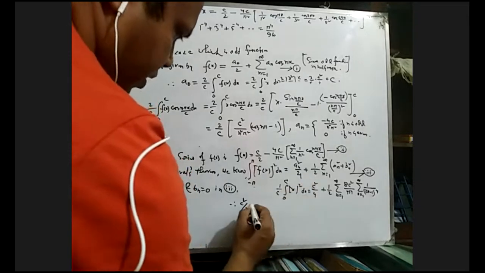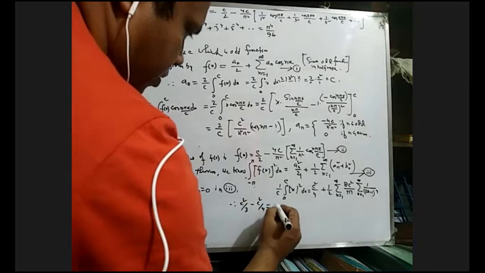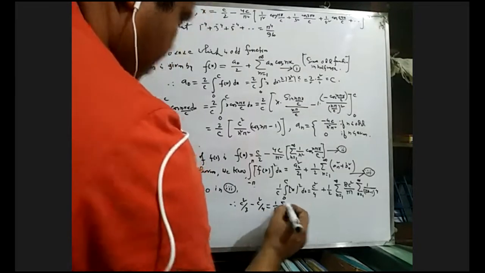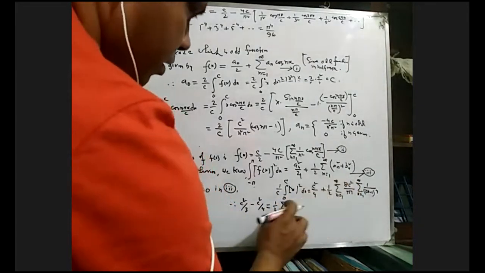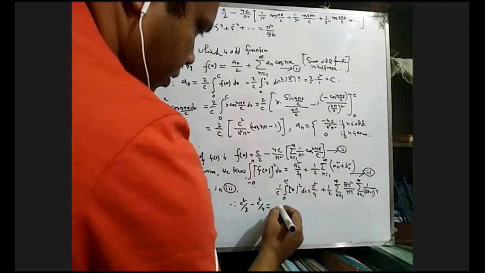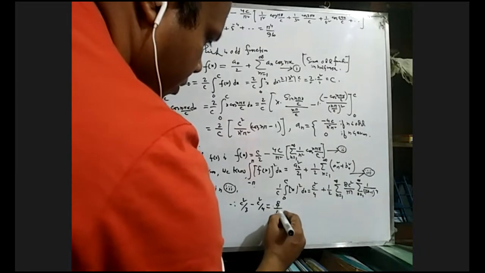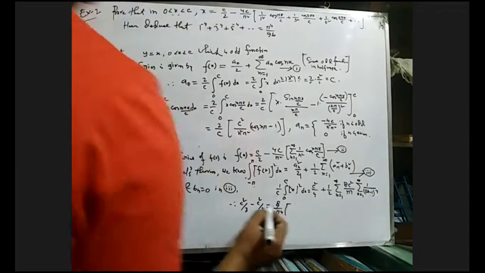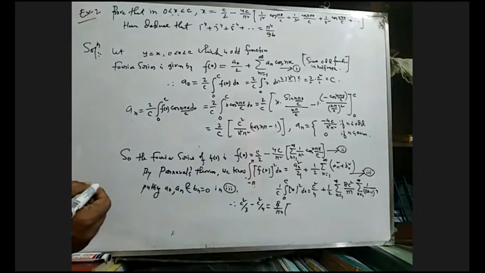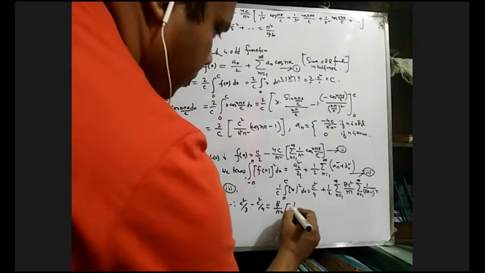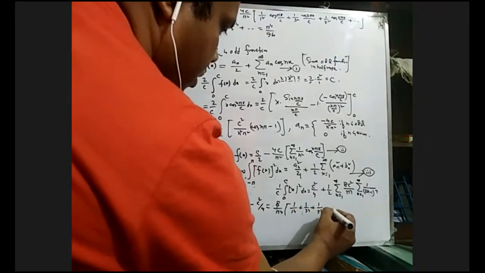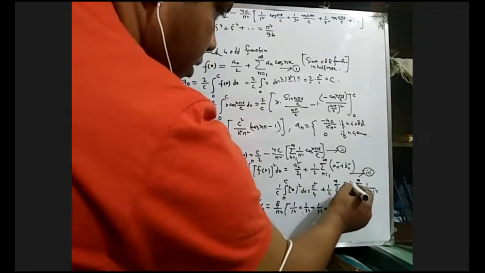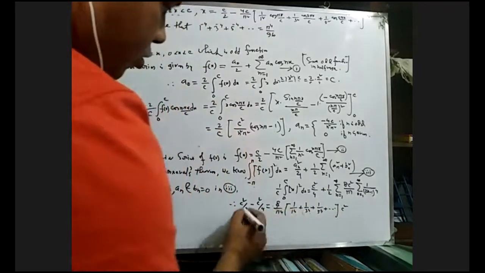Therefore, c square by 3 minus c square by 4 equals half summation of 8 by pi to the power 4, times 1 by 1 to the power 4 plus 1 by 3 to the power 4 plus 1 by 5 to the power 4 and so on. There is another c square here, and c square will be cancelled.